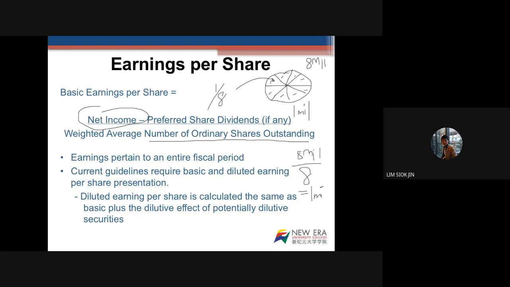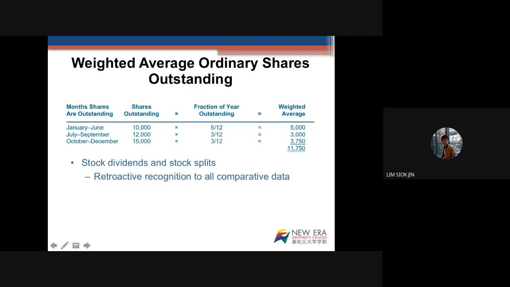Very straightforward, very easy. But in real life, a company doesn't just have 8 shares. They can have thousands and millions of shares. So whatever you earn, maybe 1 million, 2 million, or millions, you have to divide by the number of shares. So this is the formula.